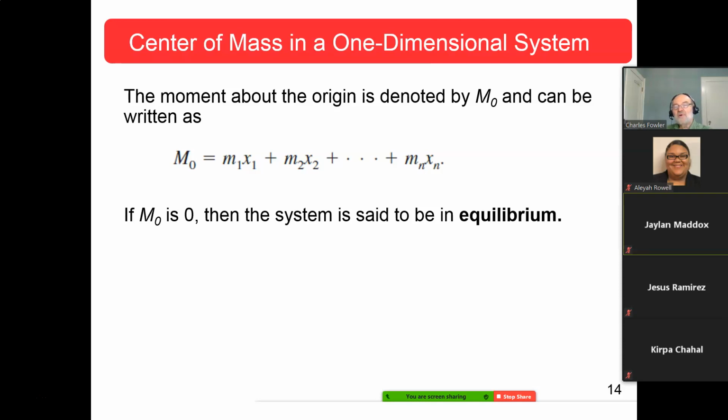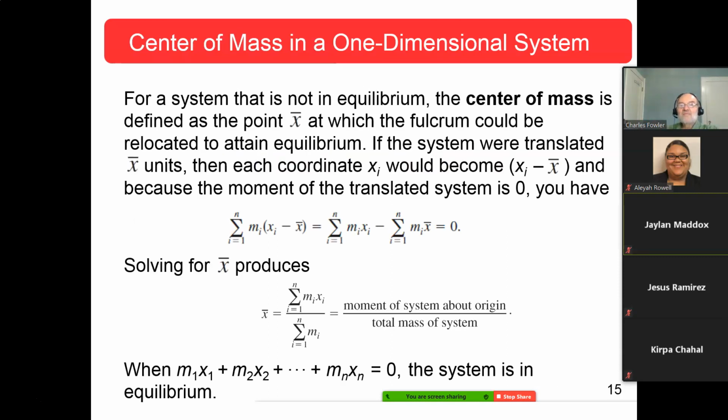If M sub 0 is equal to 0, then the system is said to be at equilibrium. All the kids are sitting on the teeter-totter and it's not going either direction. That's equilibrium. For a system that's not in equilibrium, the center of mass is defined as the point x bar at which the fulcrum could be relocated to obtain that equilibrium.